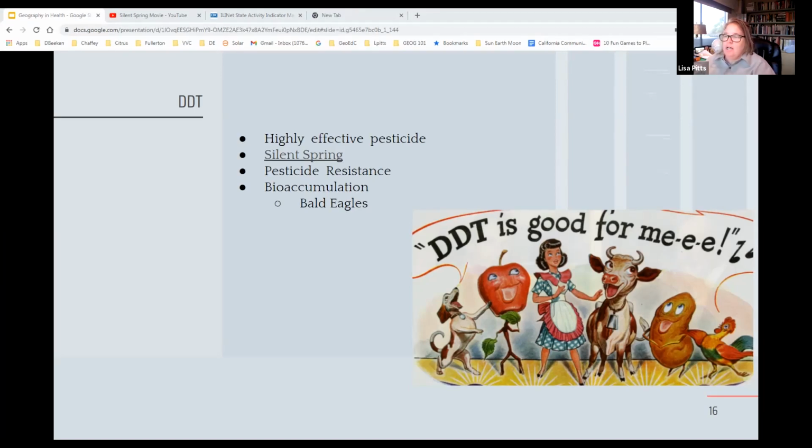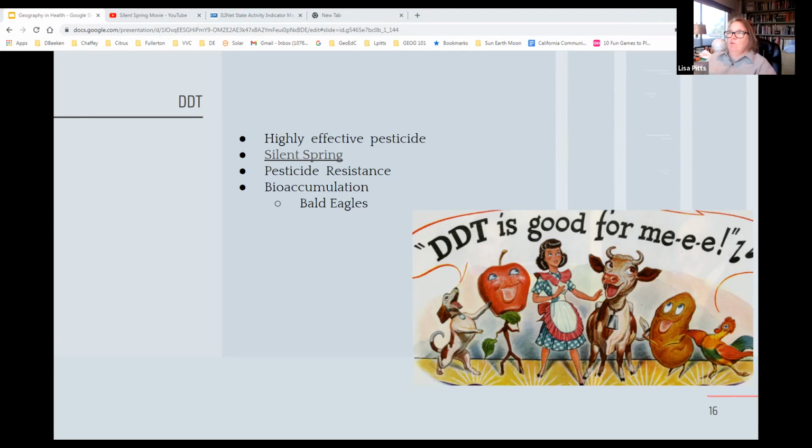DDT, which is dichlorodiphenyltrichloroethane, is known to be very persistent in the environment. And it bioaccumulates, which means that the bugs have it, and then the things that eat the bugs, and then the things that eat those. It just accumulates, it doesn't go away.